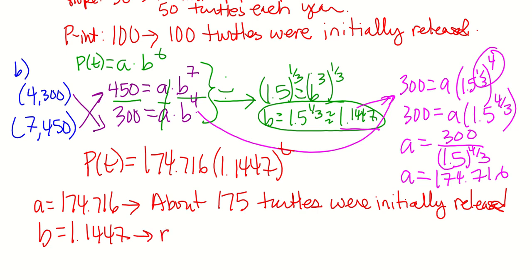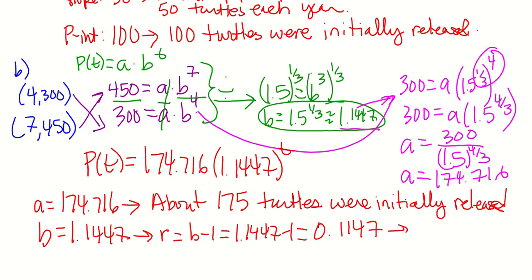So in my linear, I talked about slope, which was a growth rate. I'd like to talk about my growth rate here. So my R is going to be my B minus 1, which if I take 1.1447 and subtract 1, I'm going to get 0.1447.